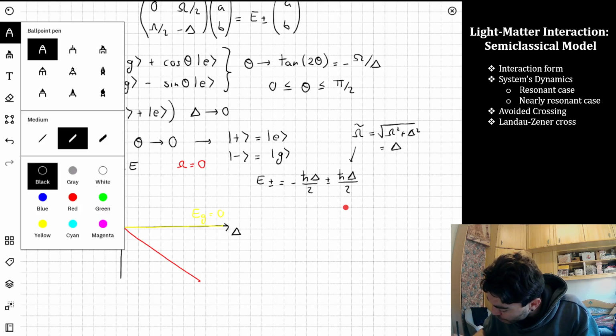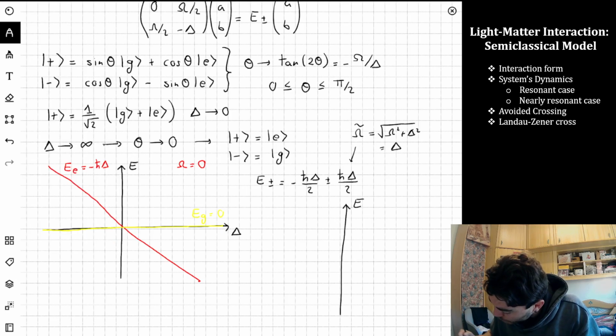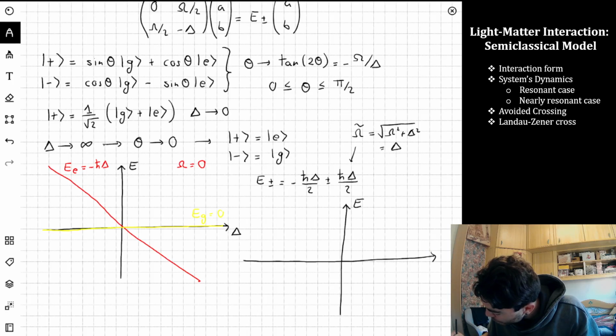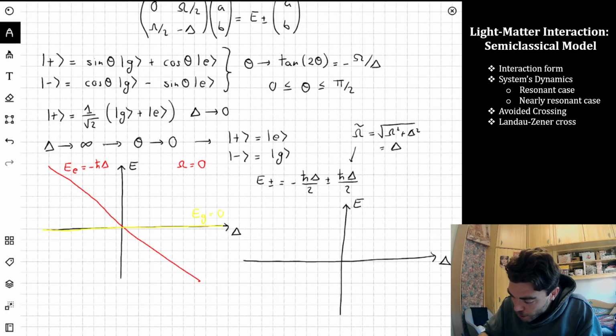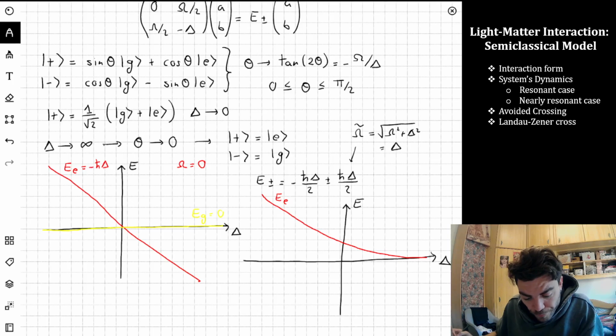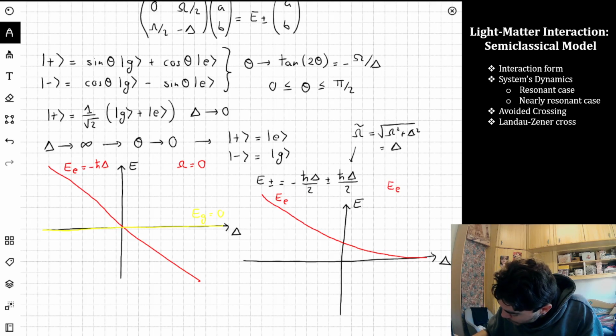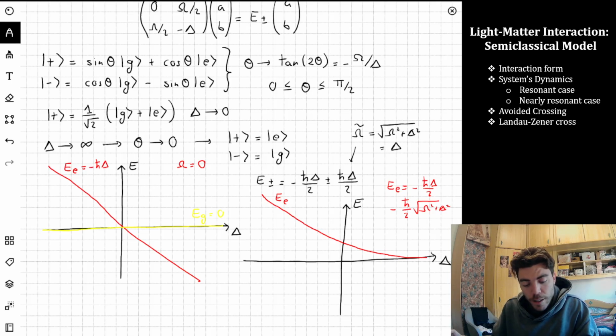So when we turn on the interaction, we can play the same game and plot the energy as a function of the detuning, and now what we see, if you just plot the eigenvalues, we get something like this for the excited state, which again is just this energy, just to be explicit, is minus h bar delta divided by 2, and then minus, in this case, h bar divided by 2 square root omega square plus delta square. So there is a parabolic behavior, that's why these curves.